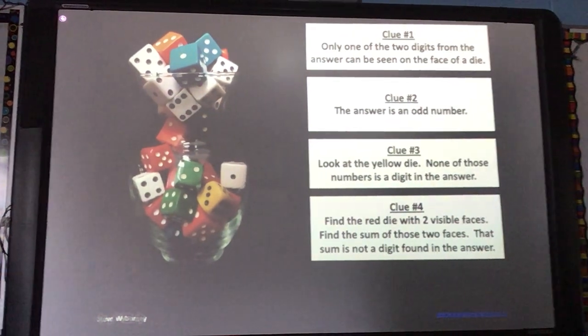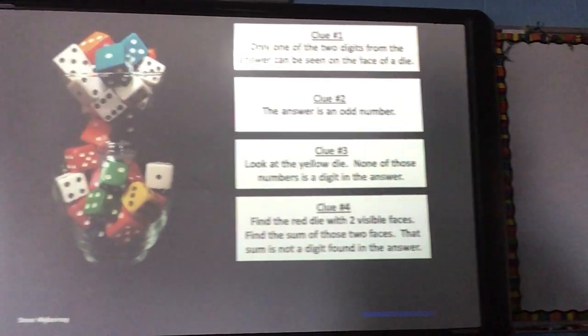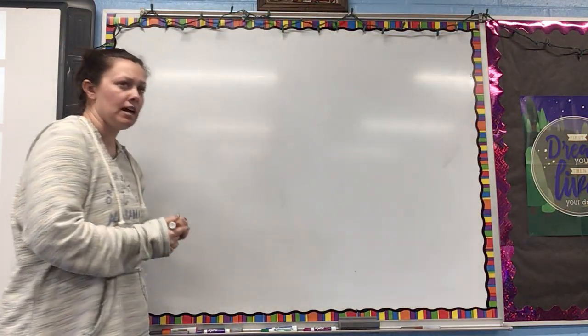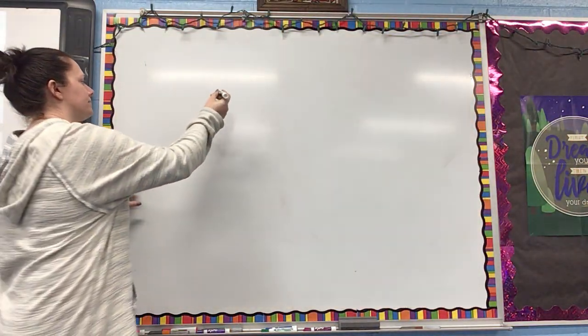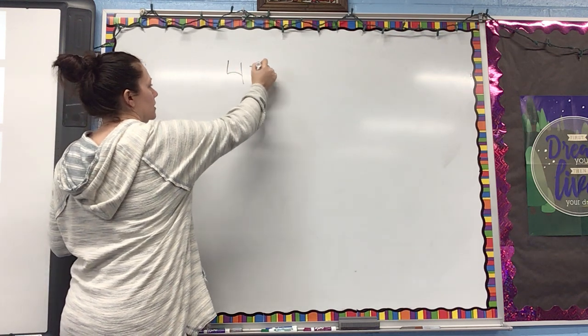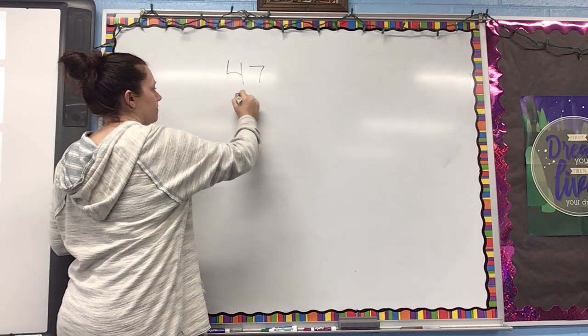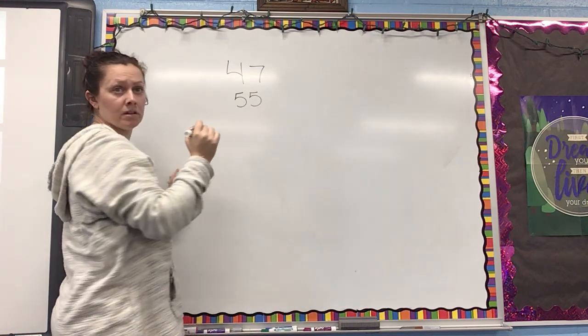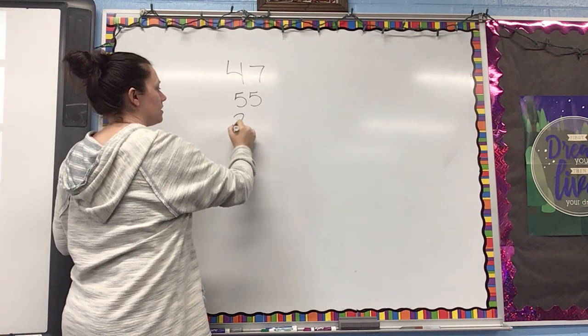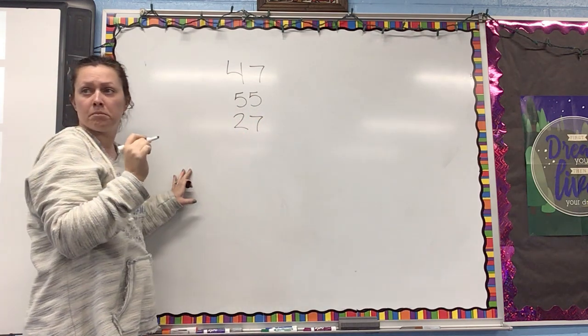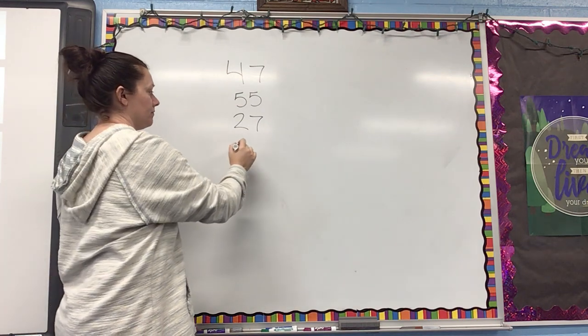All right, ladies and gentlemen, lights on, please. Give me some estimates that fit the clues, or so you think they fit the clues. And let's check. Raina? 47. Bradley? 55. Kara? 27. Mason? 27.